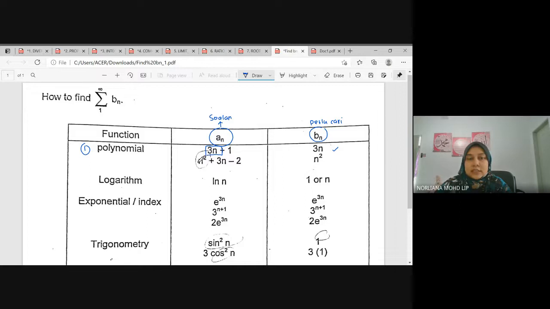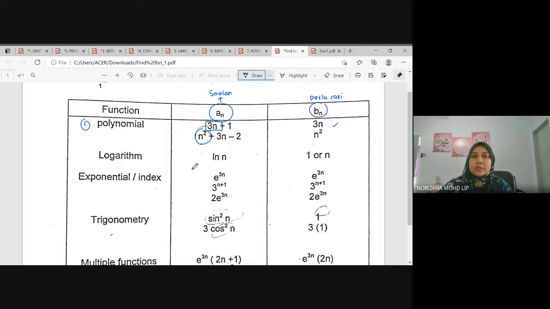Okay, second example ni, n square plus 3n minus 2 if an. So we take the higher degree of an is n square. N square is bn. First awak kena find dulu bn tu apa function dia. Okay, boleh tak ni? Kita tengoklah contoh.